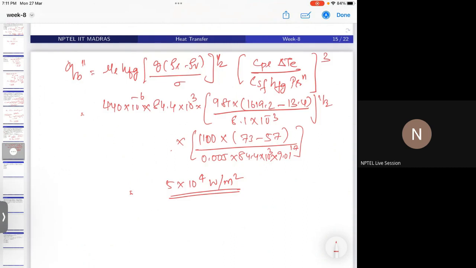So this you can equate. I think, sir, you should put that on the last term, the cube also, no? Yeah, it's a cube also. Okay.